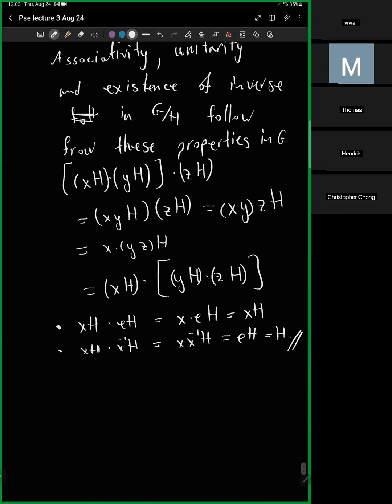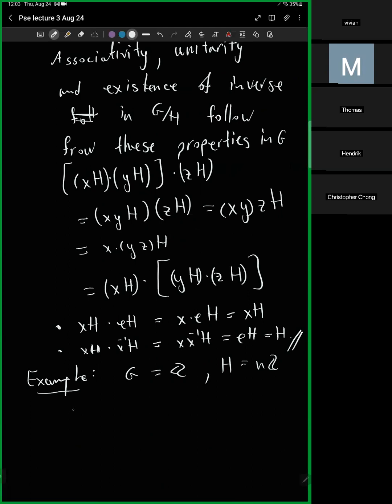Let me give a quick example. We have a running example, remember. You take G to be equal to the integers. That's an abelian group, so we are okay. And H is multiples of n.